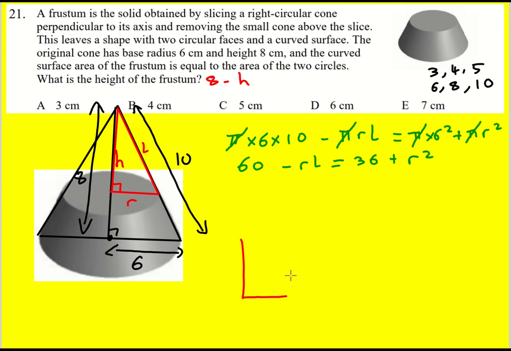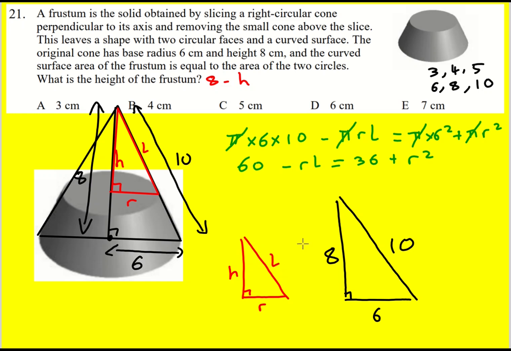So if I draw them out separately, then, okay, they've both got a right angle. I've got 6, 8, 10, and then I've got h, r, L. So it must be that L divided by 10, the smaller hypotenuse divided by the bigger hypotenuse, is equal to r divided by 6, because both of these give us a scale factor.